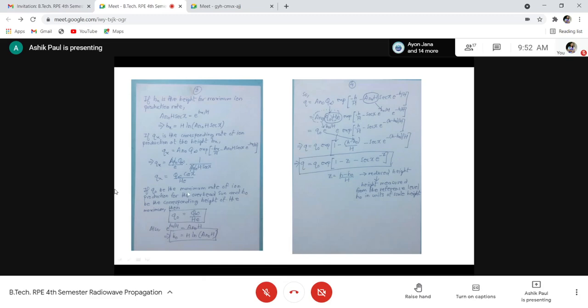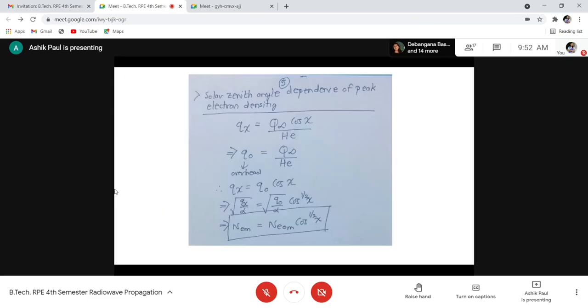Like in the last class, while deriving this expression, we had arrived at this relation that this q chi is something like this. And if we just put that to use at an arbitrary angle chi, your q chi will be q infinity, which is the photon flux outside the atmosphere, times cos of the solar zenith angle divided by the scale height, multiplied by the exponential e.